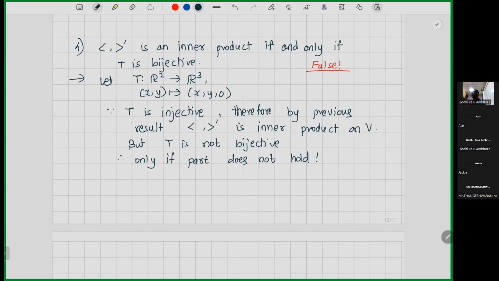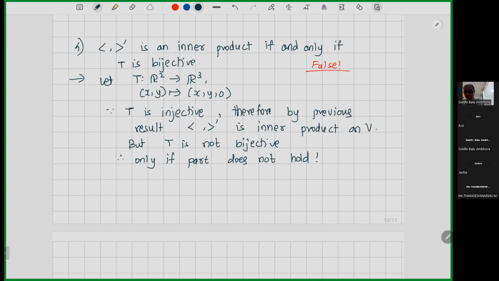Yes, so we can do something of that sort, because if you take the dimension of V to be n, which is strictly less than the dimension of W, which is m, then by the rank-nullity theorem, the nullity will be 0. I hope you understand what I'm trying to say.